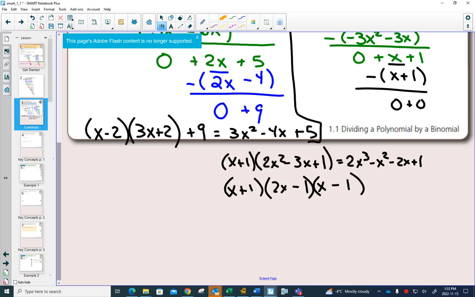But that only works if the remainder is 0. This one didn't factor nicely, right? Or at least we know that these aren't real factors because we have a remainder of plus 9. So this is called long division for algebra.